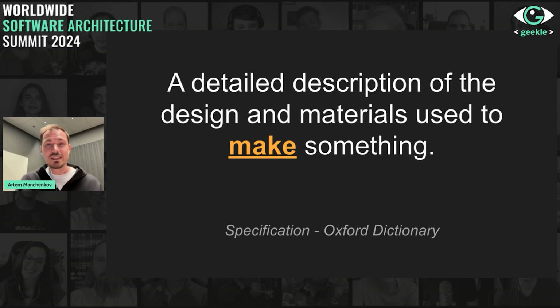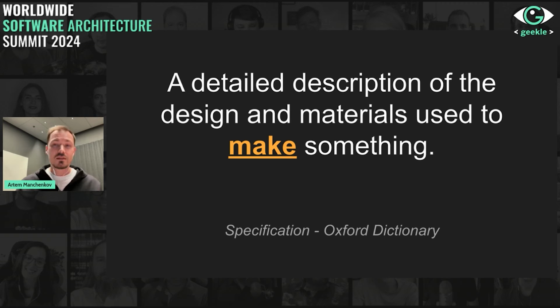Okay, but let's also take a look at the original definition of the word specification, which I copied from the Oxford Dictionary. Here we have that specification is a detailed description of the design and materials used to make something. Please note that it's not a description of how something works. It's an instruction on how to make something.